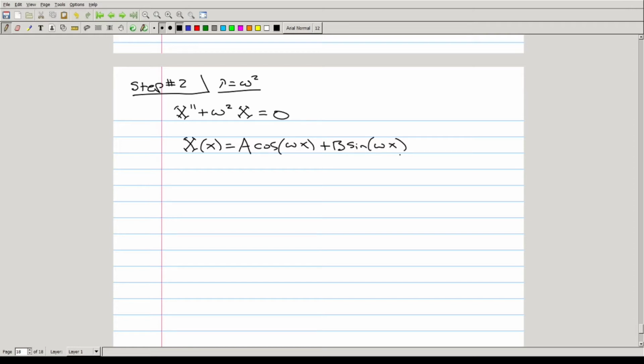So the only thing that's a little bit different now is when we go through and satisfy the boundary conditions, which deal with the derivative of x. So we take the derivative of x, which is negative a times omega sine of omega x, and positive b times omega cosine of omega x.